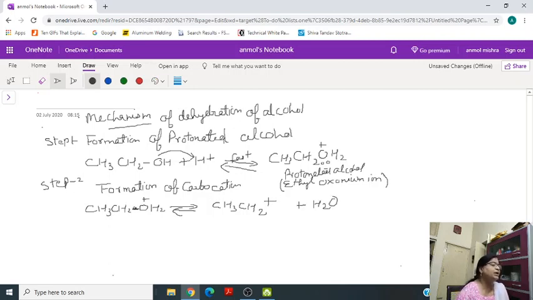This bond will break and the water molecule will eliminate by taking the electron pair of this bond.